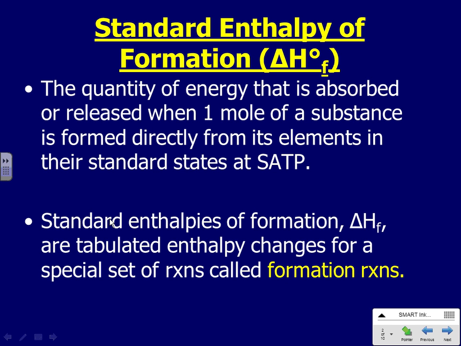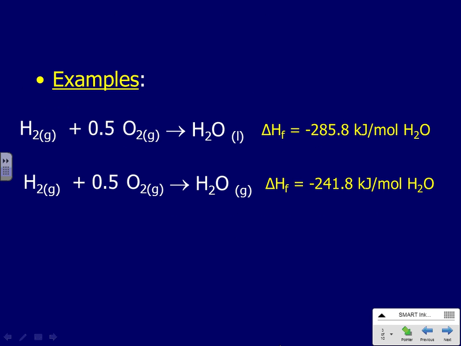And again, I've had you write that down in the past, but let's just review what we mean by a formation reaction. So there are some examples of formation reactions, and I do want you to write these down, all right? Now, on this table that I've given you, you'll notice there are no chemical reactions.